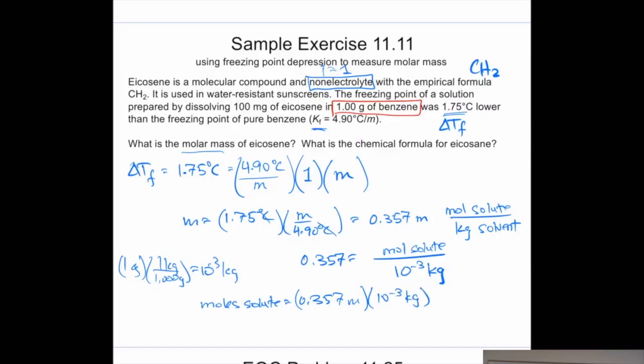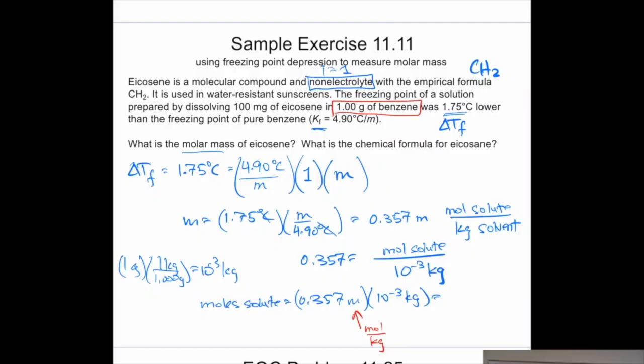Now the units actually do cancel out, because molality, remember, is moles per kilogram. I don't want to trick you here. So the units will cancel out to give us moles, which is what we want.